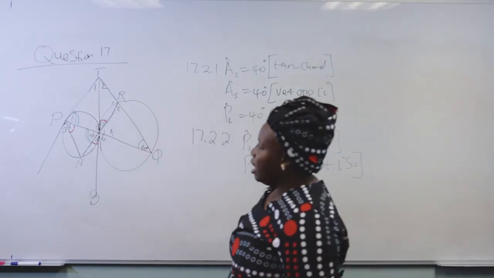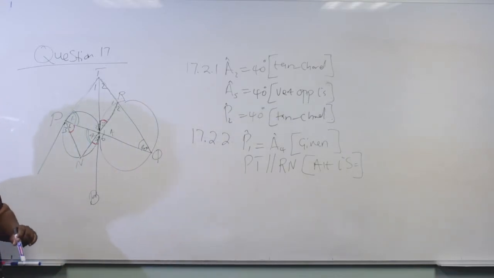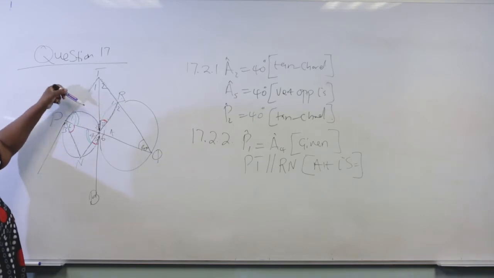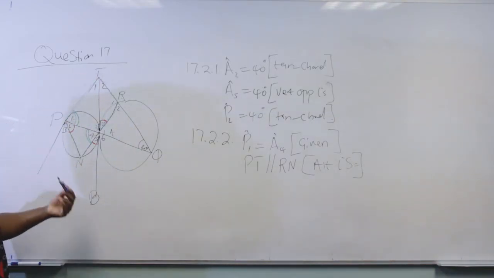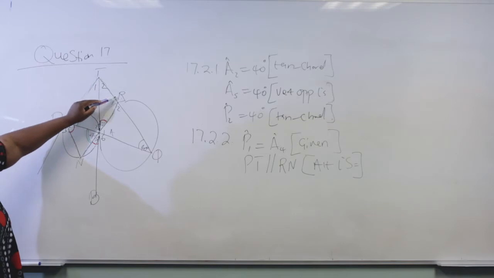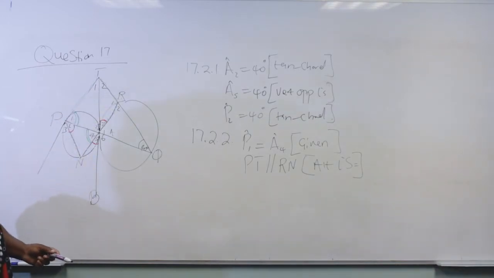So what we need to do now is, if we can prove that one other angle is equal to something else, or if we can prove that these sides are equal, then we have proven the other pair of parallel lines. Meaning if we can prove that TR is parallel to PN, then we are done. So let's see if we can do that.